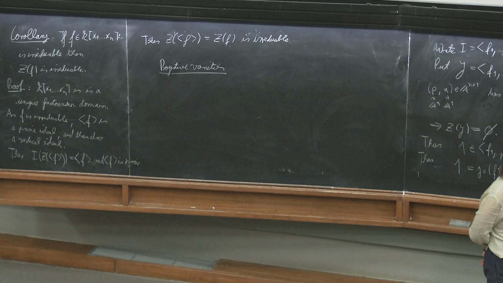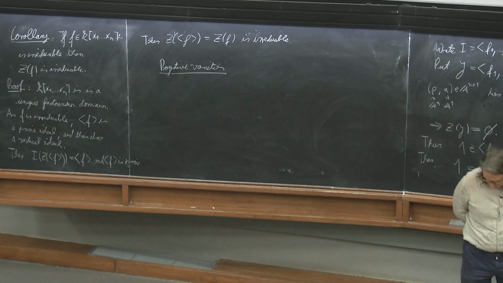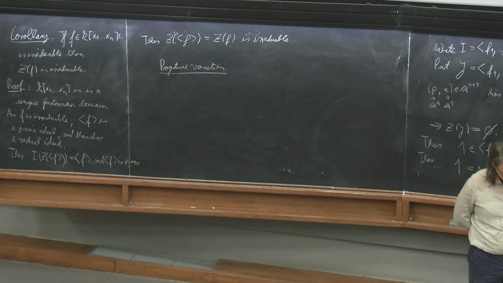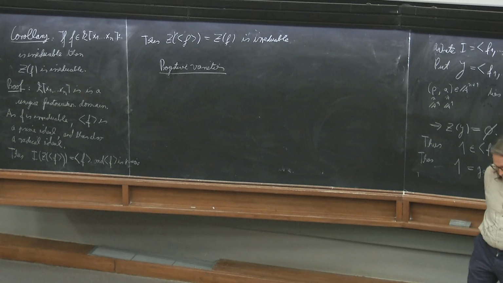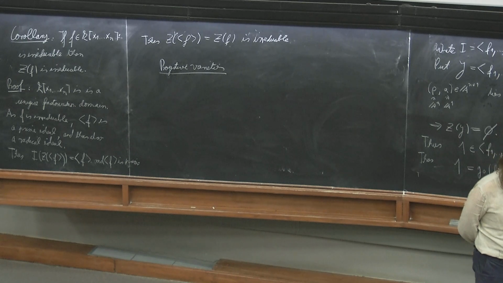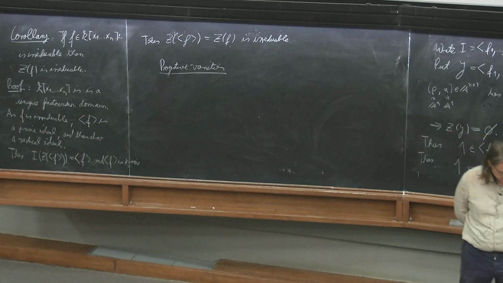So somehow you have something which is called projective n-space, which can be viewed as a compactification of affine n-space, and affine varieties can then be compactified to projective varieties.